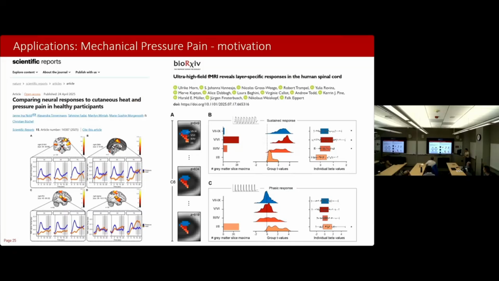They analyzed the data using a conventional boxcar convolved with HRF to look at the tonic thermal pain response, and again, modeling the early part of the stimuli to find the phasic response. And they found that tonic and phasic responses took place at different layers in the spinal cord dorsal horn.